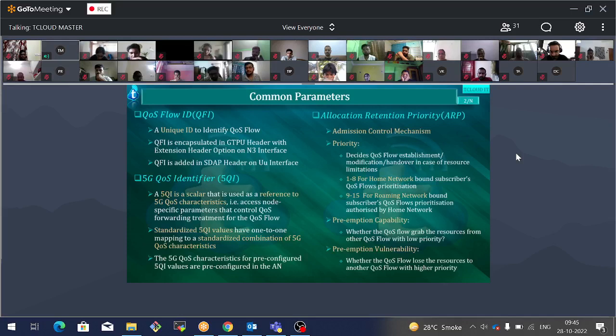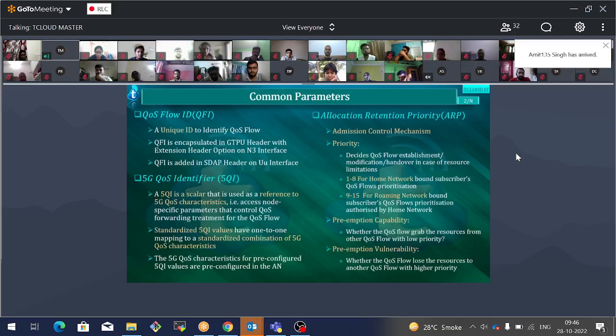First of all, what does this word preemption mean? In simpler English, it is like overruling something that is already present, or we can say prioritized. First of all, what is the meaning of preemption capability?